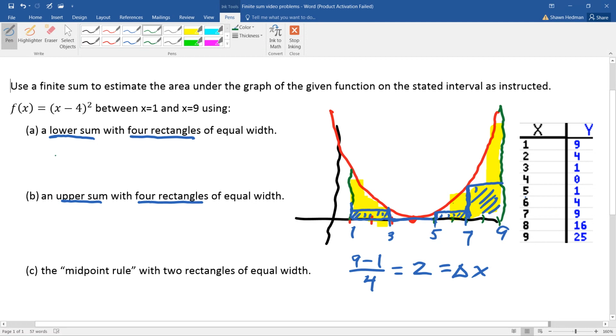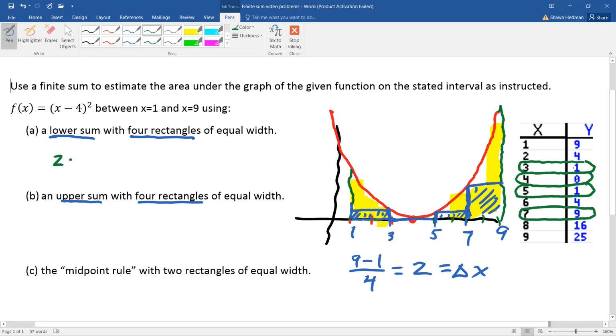The area of the first rectangle is the base times the height. The first rectangle has a height of f of 3, so I'm going to use 1 for the height. And the second rectangle has a height of f of 4, which is 0. It's a flat rectangle. The third rectangle has a height of f of 5. And the fourth one has a height of f of 7.